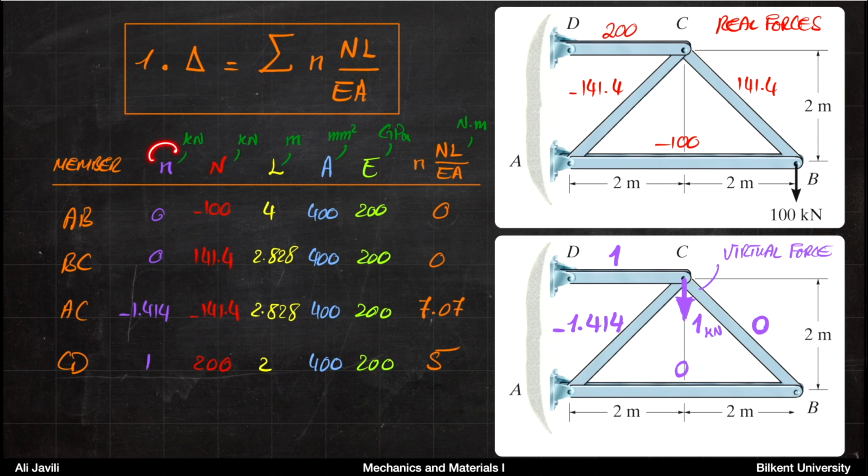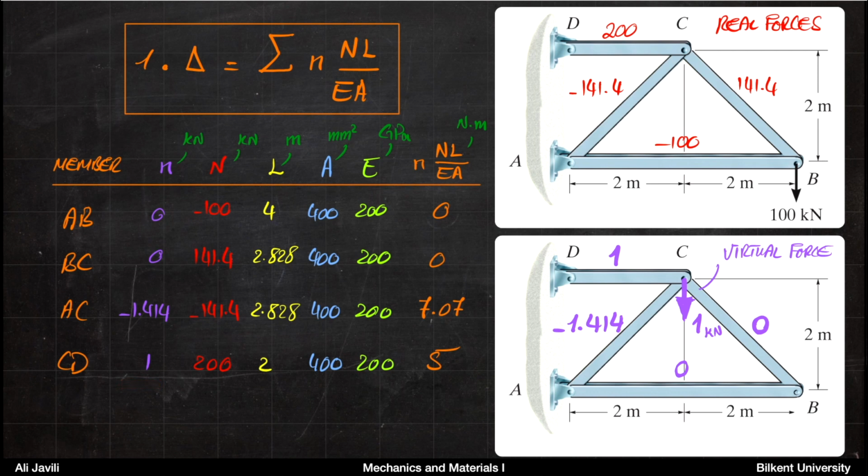Now, the small n, the virtual forces, are 0 and 0 at AB and BC. Within AC, it's minus 1.414, and within CD is just 1.